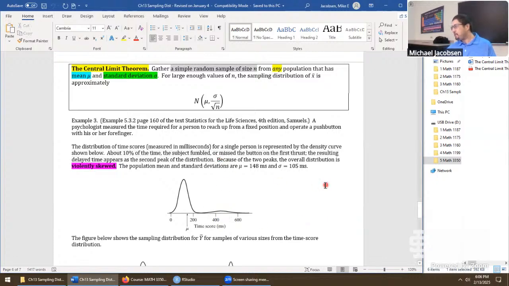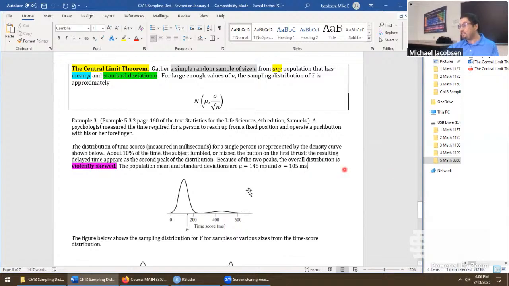It says next, because of the two peaks, the overall distribution is, I like this word, this is their language, violently skewed, and I would agree with them on that. It's strong language to match the skew we see here. The population mean for this was 148 milliseconds, but due to the large skew, the standard deviation is 105 milliseconds.